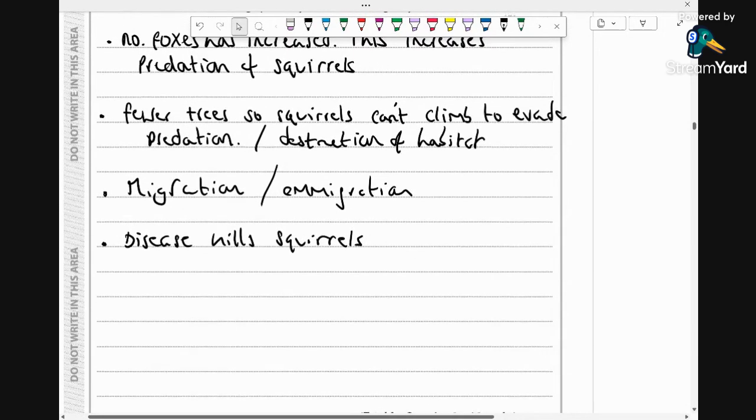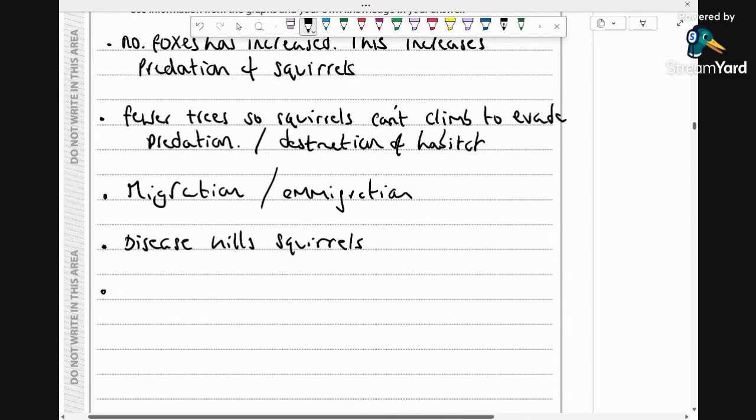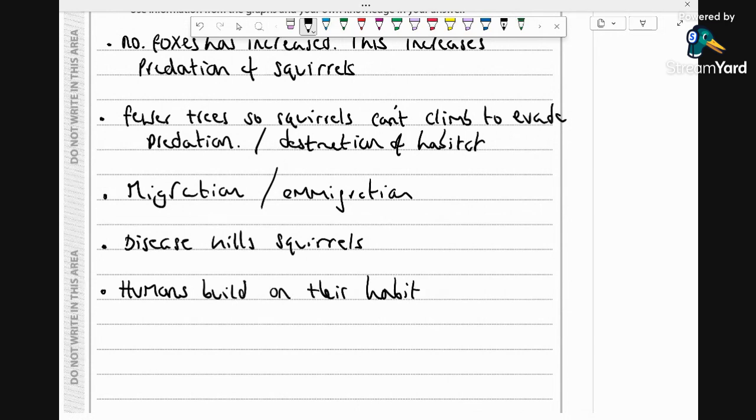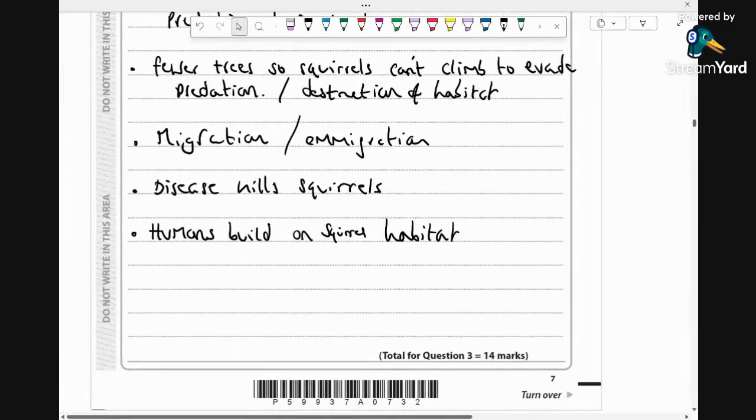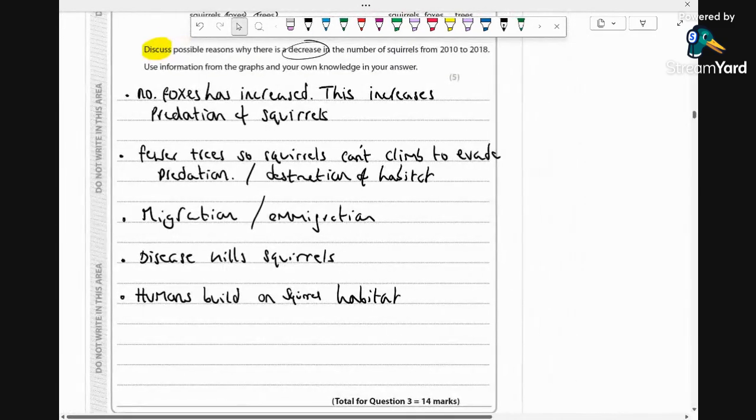And you could, of course, say that maybe humans build on their habitat, the squirrels' habitat, reducing numbers. 1, 2, 3, 4.